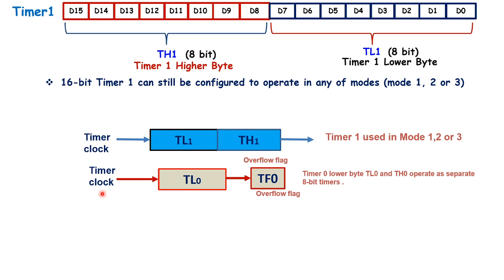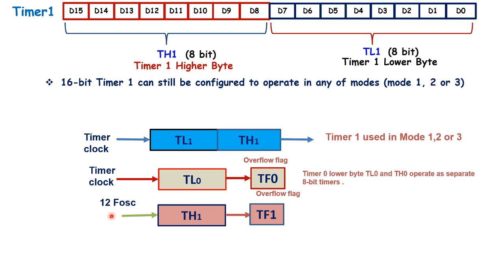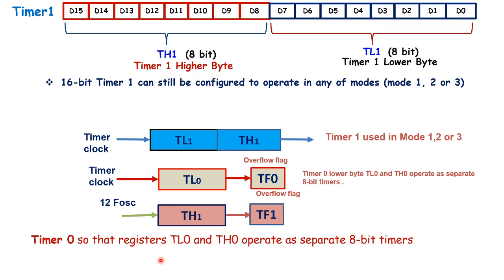The timer clock is given to TL0, and at that time the lower byte of timer 0 works as a timer, and for that TF0 is the control bit, the overflow bit. Similarly, the clock is given to TH0 and it works with its controlling bits separately. So in timer 0, the registers TL and TH operate as separate 8-bit timers.